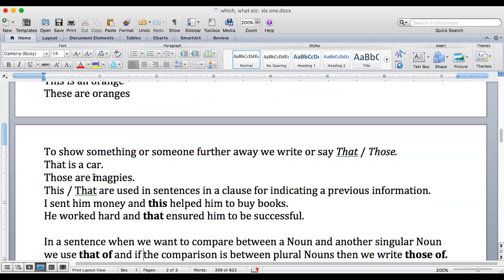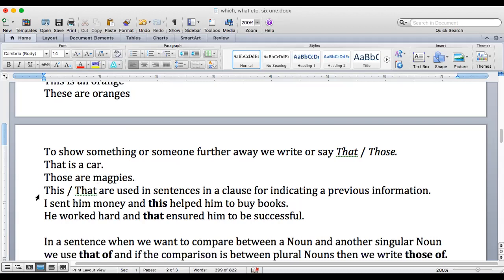They're not near you. So you should indicate to them that those are magpies. They are further away. We cannot touch them. We indicate with our finger to say that is a car, that is a horse carriage, or whatever it is. We say that is a boy over there. Anything, if someone is far away.